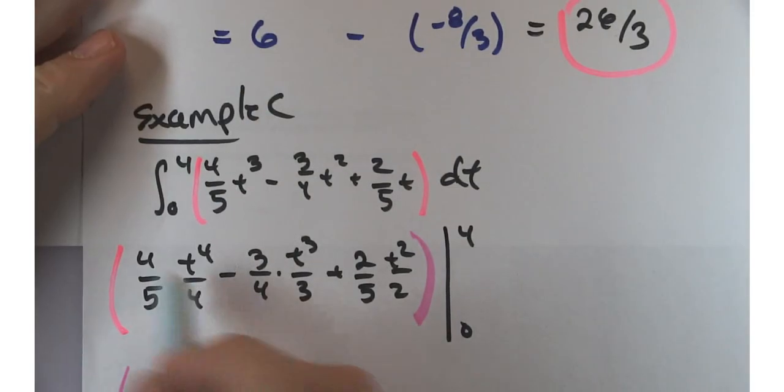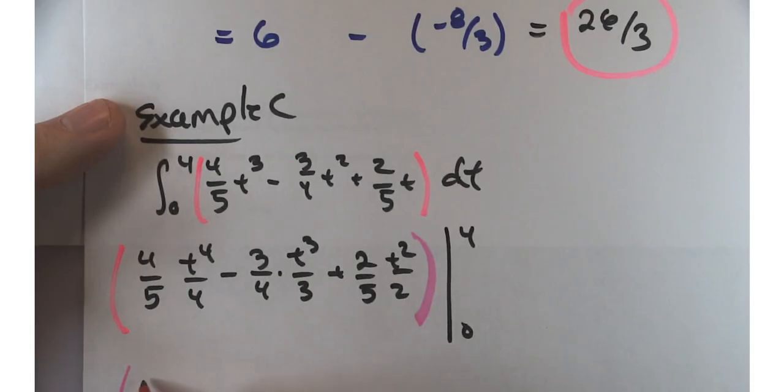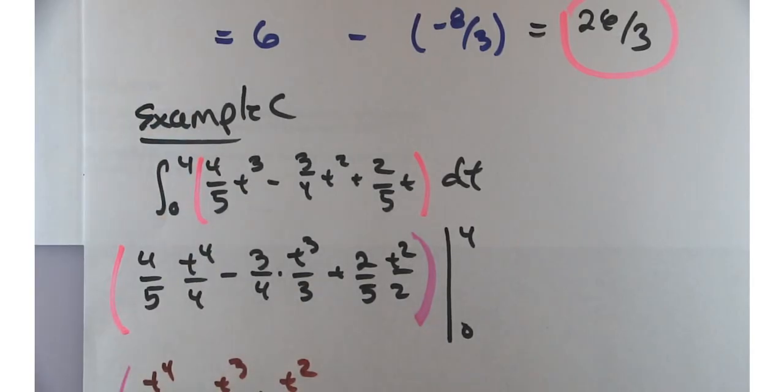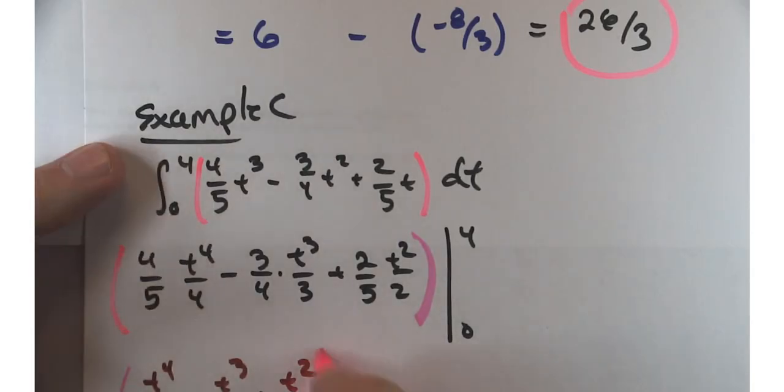The 4's here are going to cancel. I'll end up with t to the 4th over 5 minus t cubed over 4 plus t squared over 5, and that's still between 0 and 4.